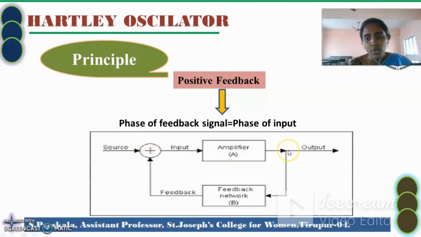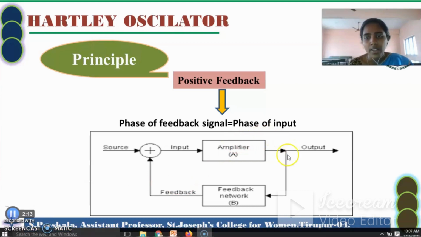Afterwards, it produces an output, and I am going to take the output to the feedback network, and this feedback network produces an output, and this output should be in phase with our input signal. If it is in phase with our input signal, that process is called positive feedback.